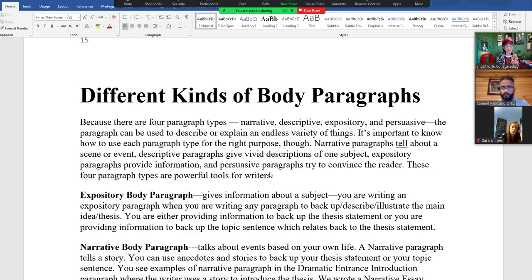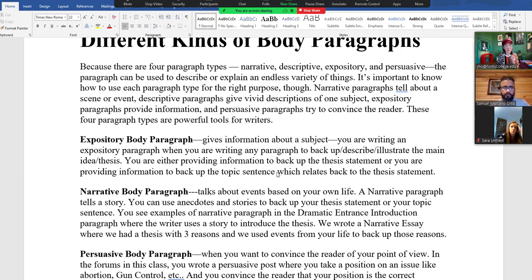Now we've got different kinds of body paragraphs. So in body paragraphs, there are 4 major body paragraphs: narrative, descriptive, expository, and persuasive. And so the body paragraph can be used to describe or explain an endless variety of things. So an expository body paragraph gives information about a subject.